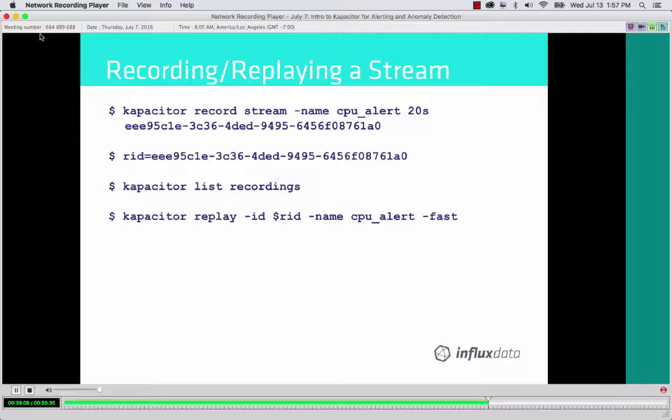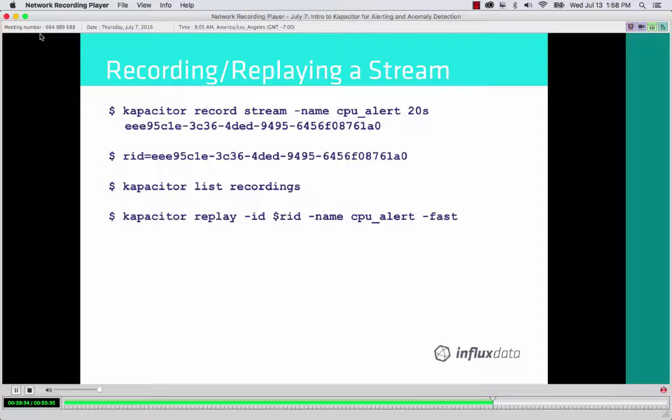So I take that RID and then I say kapacitor list recordings, and that will show me all of the recordings. It would output that RID that I had done there. And once I want to iterate on this alert or this TICKscript, I could say kapacitor replay, give it the ID I'd like to replay, and specify the TICKscript or the task that I'd like to replay it against.